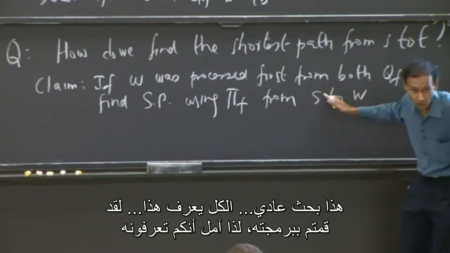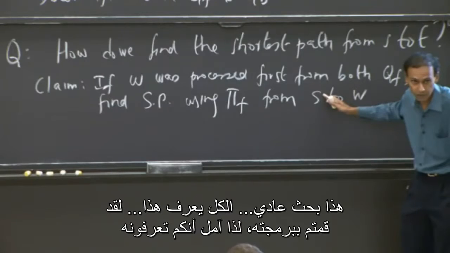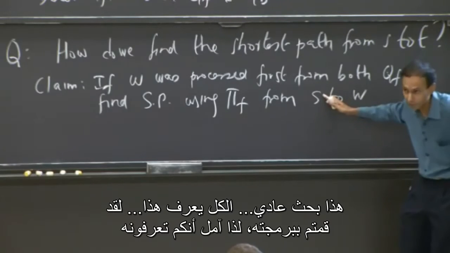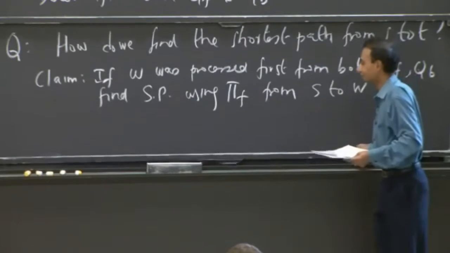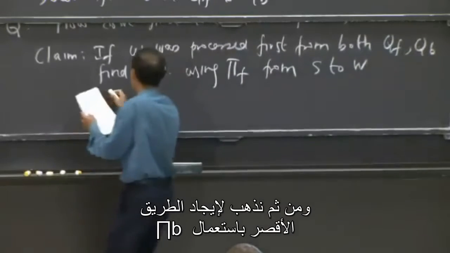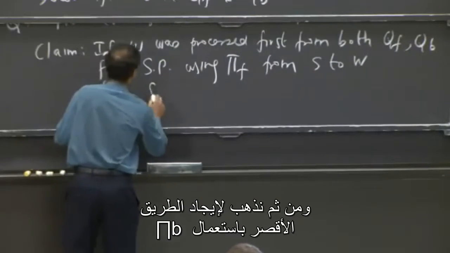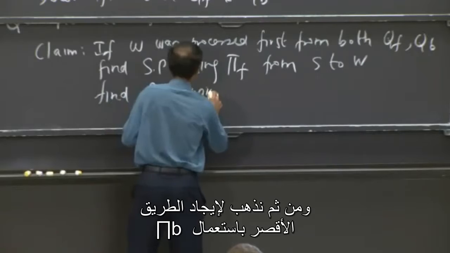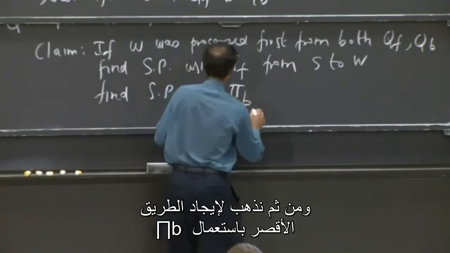Okay, this is normal search, right? Everybody knows this. You coded it, so I hope you know it. And then we find the shortest path using pi b, right?